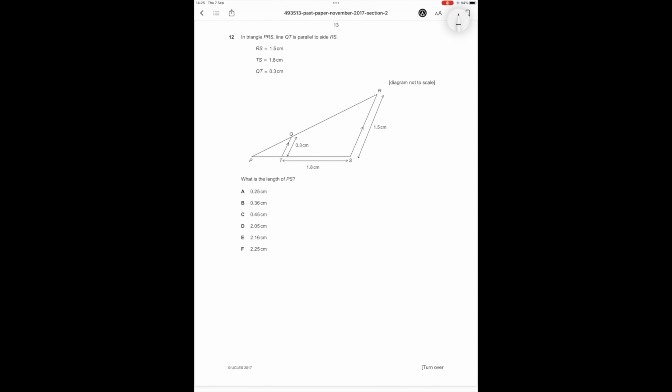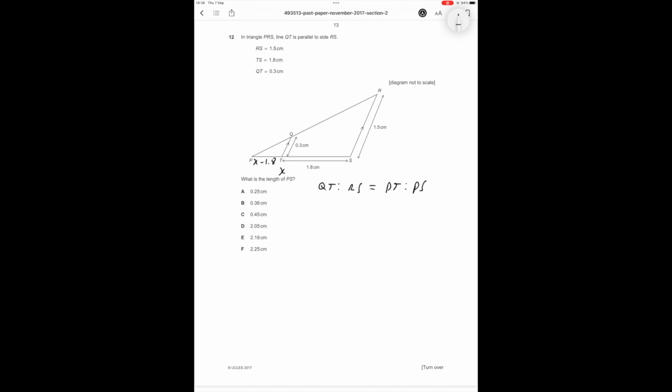So let's call the length PS X. What we can therefore say is that QT to RS is equal to the ratio of PT to PS, and PT can be thought of as X minus 1.8.